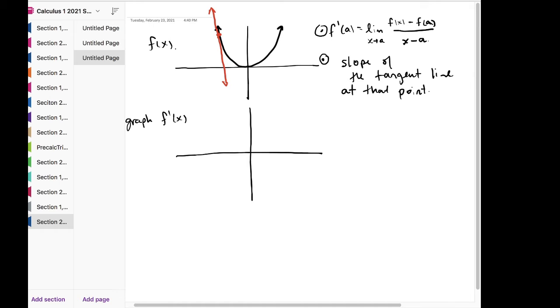Can someone tell me something about that slope? Is it positive, negative? Is it really big negative? Is it really big positive? Right, it's negative. And is it close to zero negative or really big negative, like negative 100 or more?